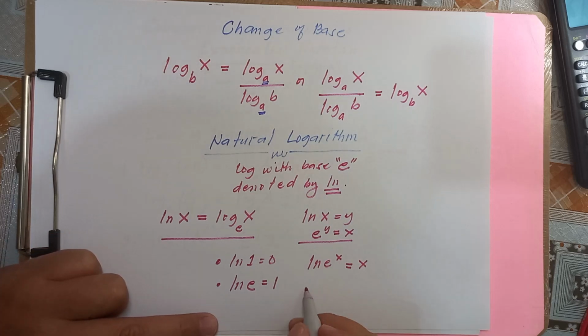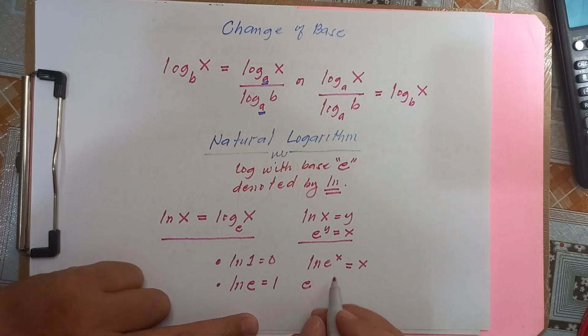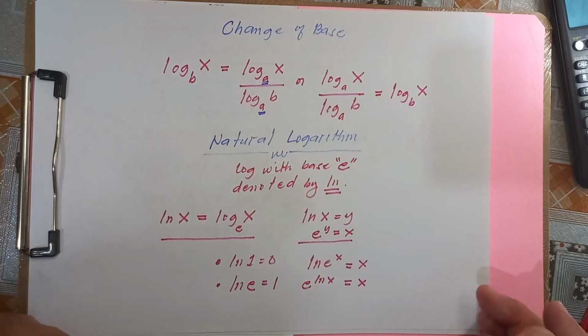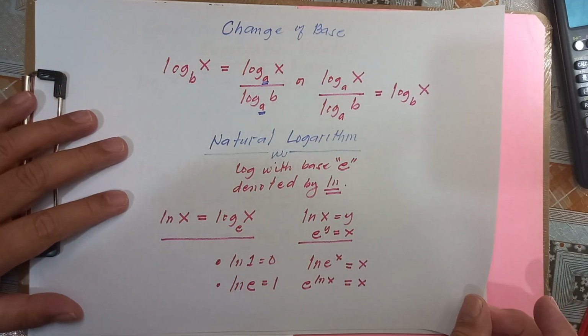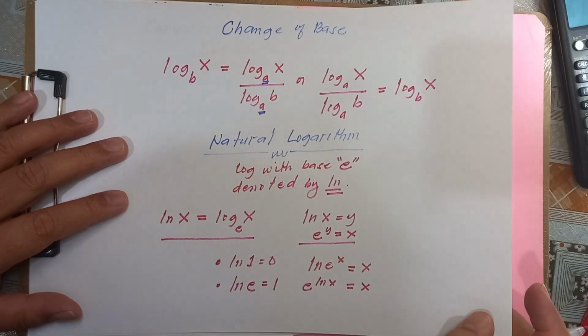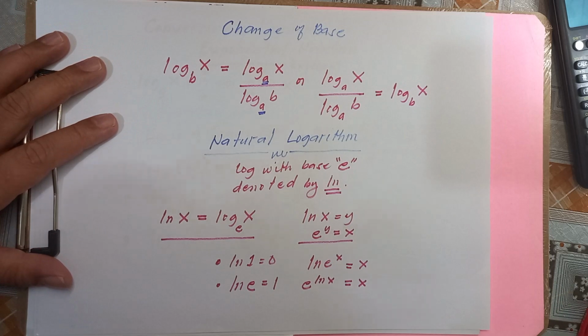And if we have e raised to the natural logarithm of x, the result will be x. These are the things we will be encountering when we move on with the limits of the exponential function, so you have to remember them.